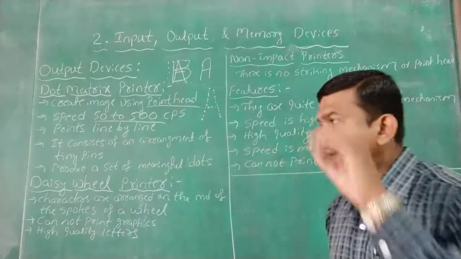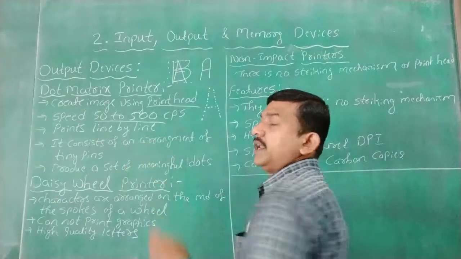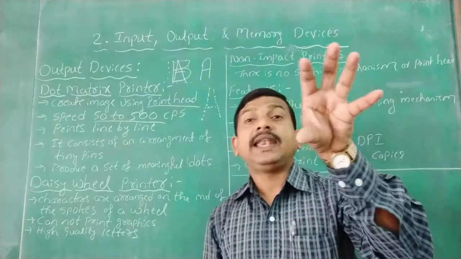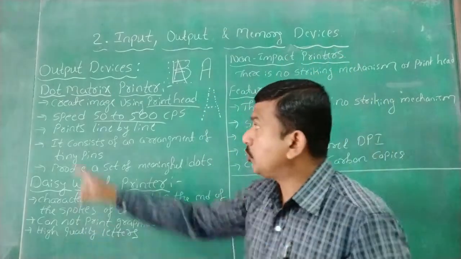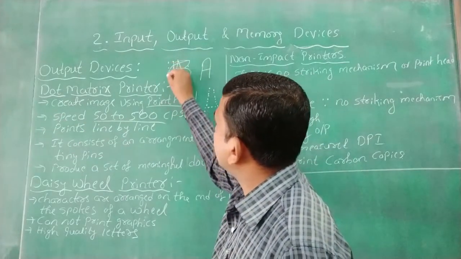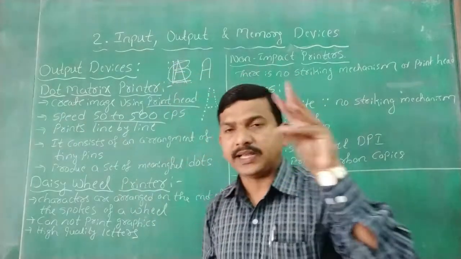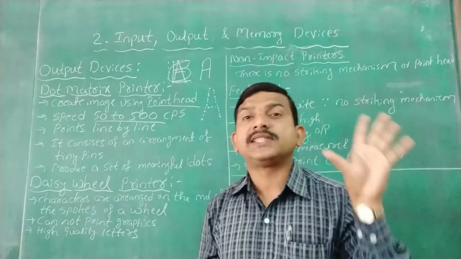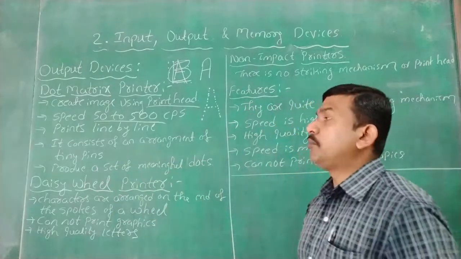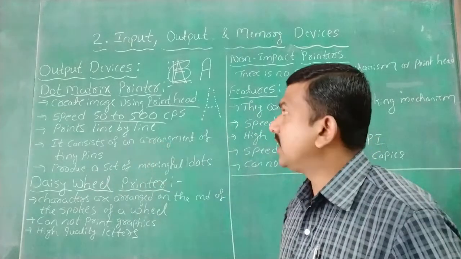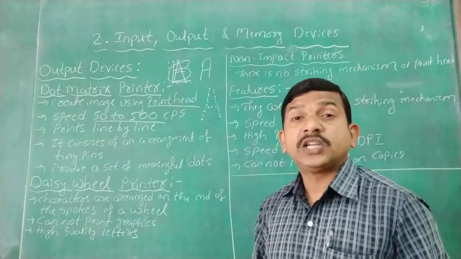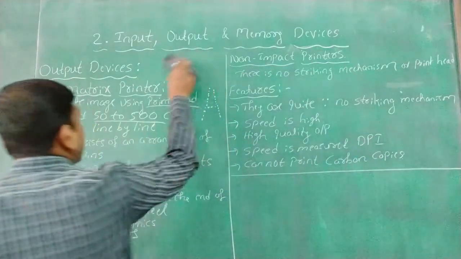Yes, this print head contains a set of tiny pins. When the pins press, the letters display. I want to print C. How to print? This contains pins. Only this part will be highlighted and pressed. At that time it will produce C. Is it clear? So next, it produces a set of meaningful dots. That's the meaning here. So how does it print? It prints dots. Once again, I will repeat.